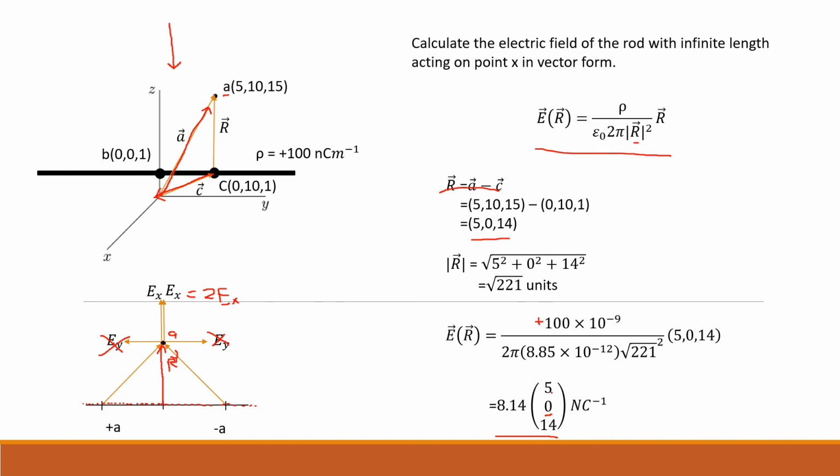So we have 8.14 times 5 as our x direction, Ex, and 8.14 times 14 as our z direction. In total, we get E here. And don't forget the unit, which is Newton per Coulomb. And that's all about it.